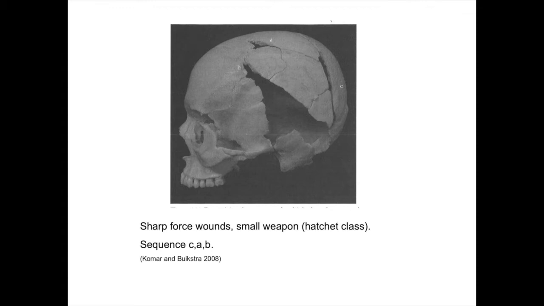Again, it's much more elongated in a sharp force event, and around this elongated, almost linear fracture that would be deep and extremely penetrative, you'll start to see a variety of terminal depression fractures forming. And these themselves can be pretty extreme as well.